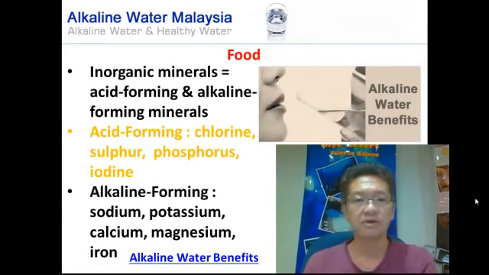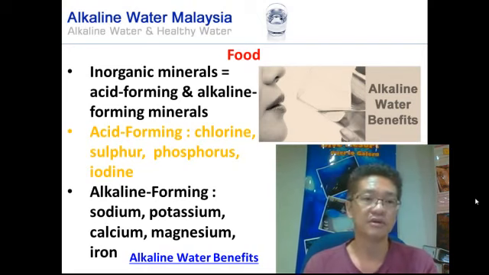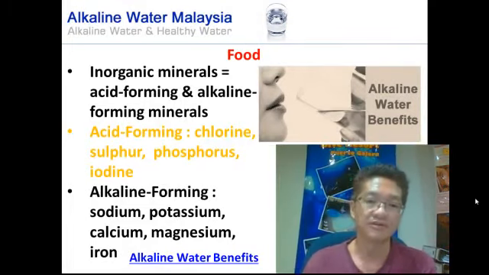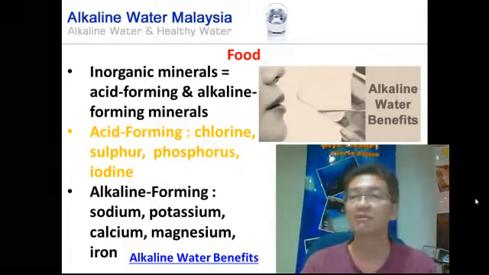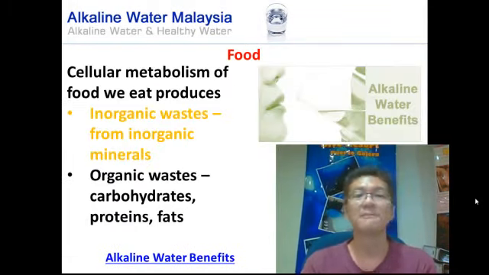Now the inorganic minerals can be classified into two types. One is acid forming and the other is alkaline forming. Acid forming would include chlorine, sulfur, phosphorus, and iodine, whereas alkaline forming minerals would cover sodium, potassium, calcium, magnesium, and iron, okay?